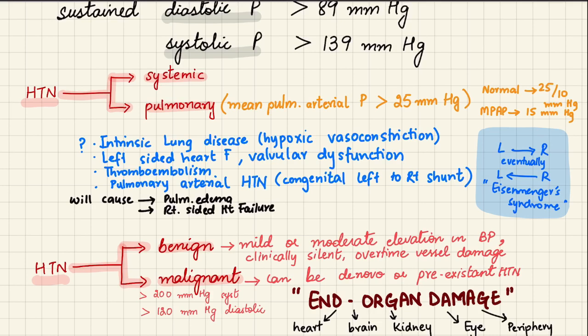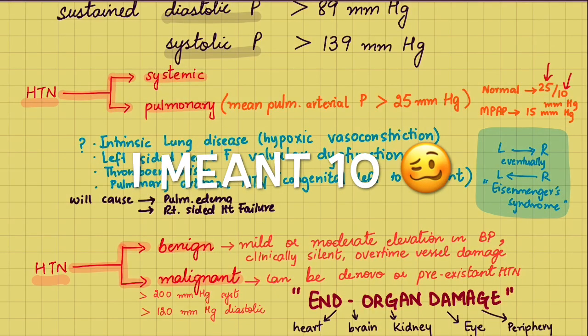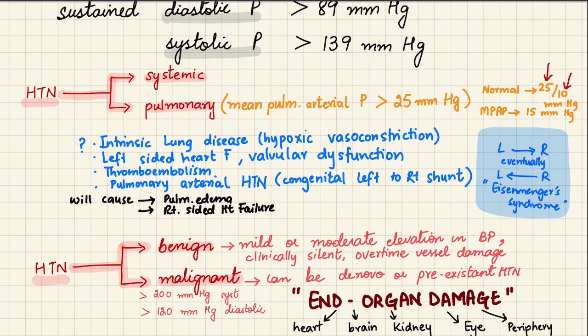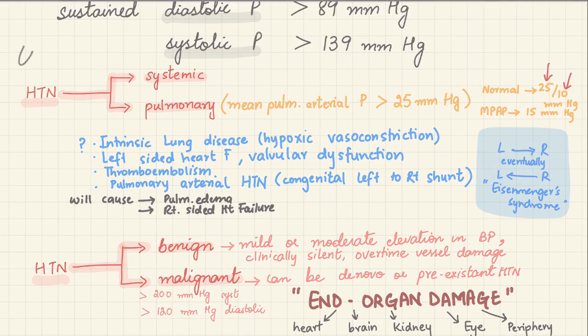Because the pressures in the pulmonary circulation are normally 25 by 10 millimeters of mercury. This is very low compared to the normal average systemic blood pressures, which are 120 by 80 millimeters of mercury. So, when the mean pulmonary arterial pressure becomes greater than 25 millimeters of mercury, we call it pulmonary hypertension.